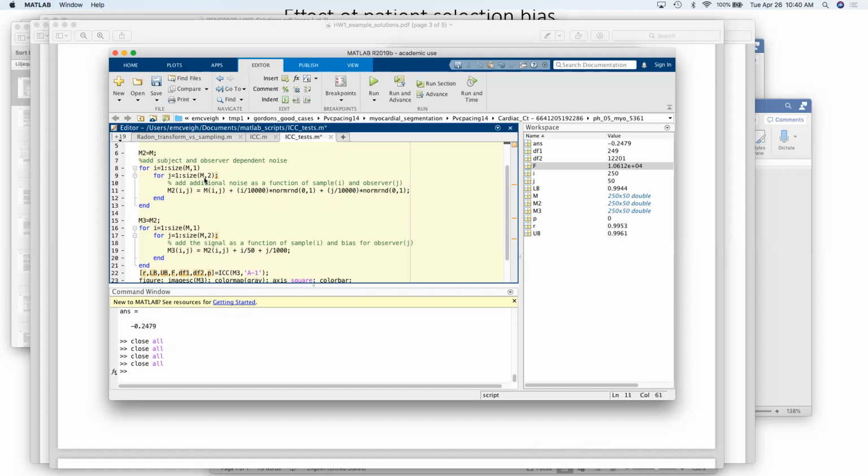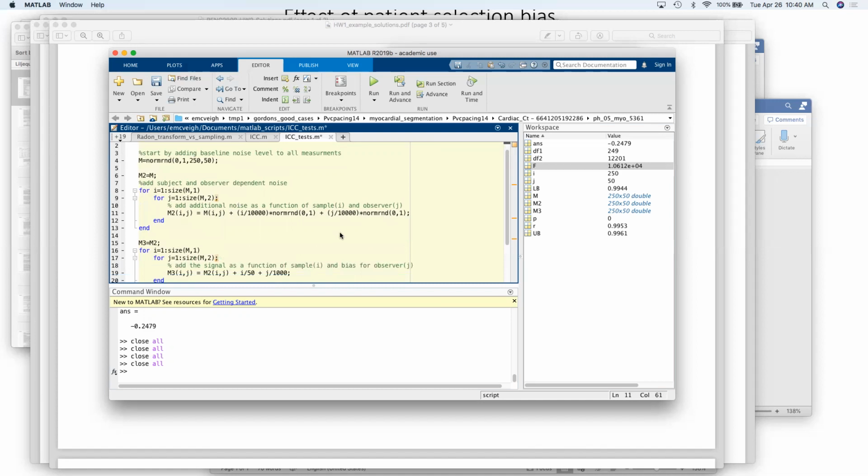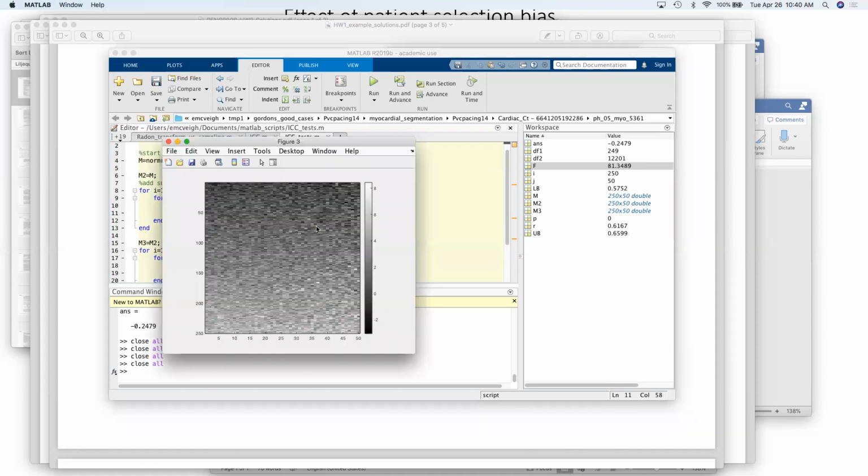So how many observers do we have? 50. So let's do 50. So that J is going to go between 1 and 50. Okay, so we see that there's less noise over here, the noise gets higher over here, right? We've sorted them again, magically.